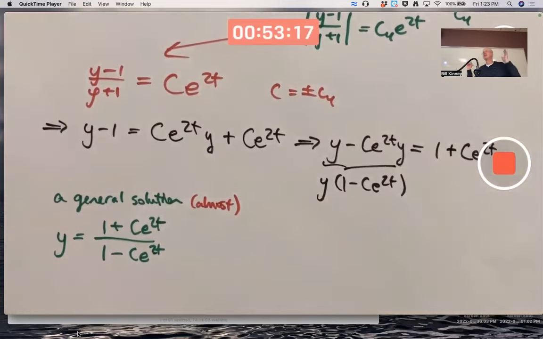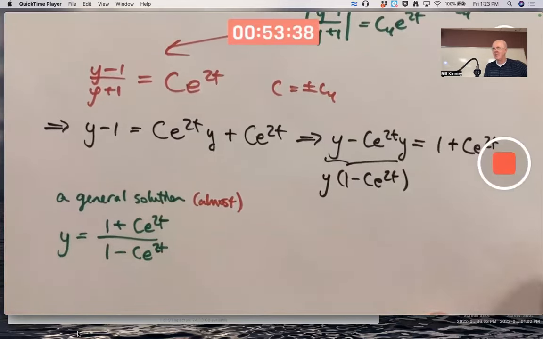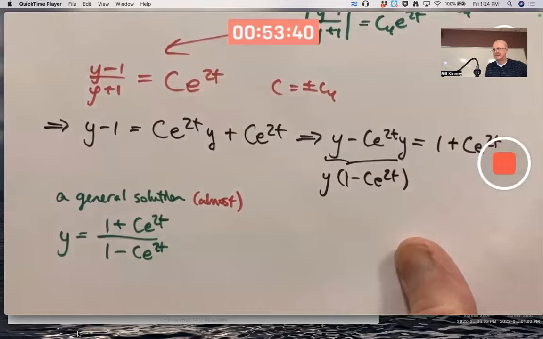It's effectively a general solution, except it misses the solution of one initial value problem. That's by no means obvious. How do I know that? Experience. And I'm about to show you the slope field. And we will see in the slope field, if we think about it carefully, one solution that gets missed.